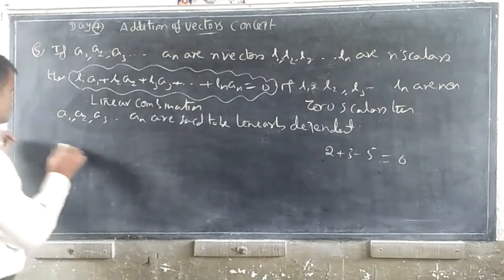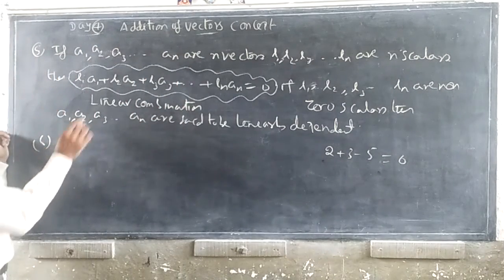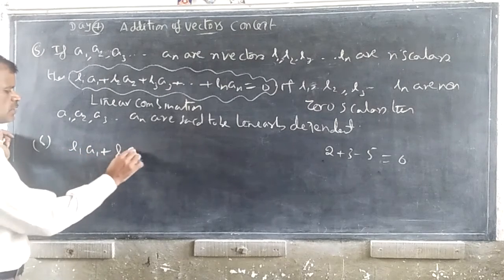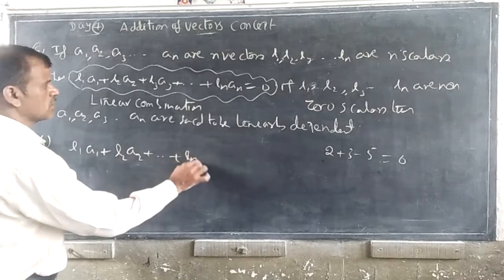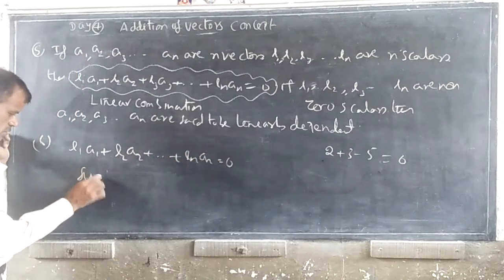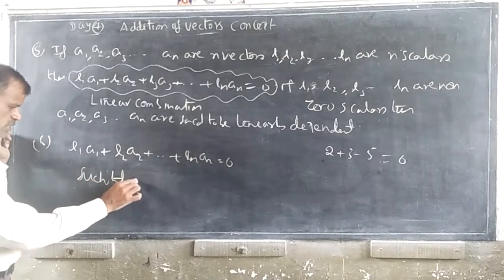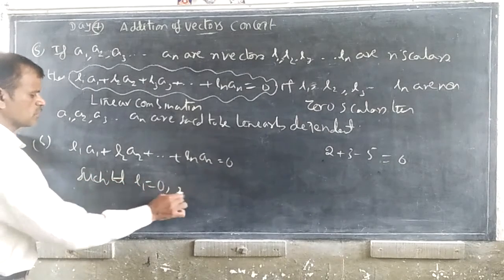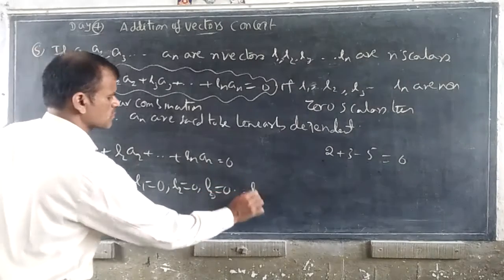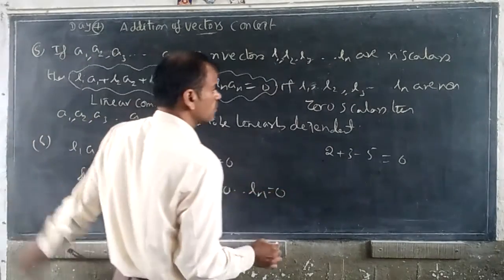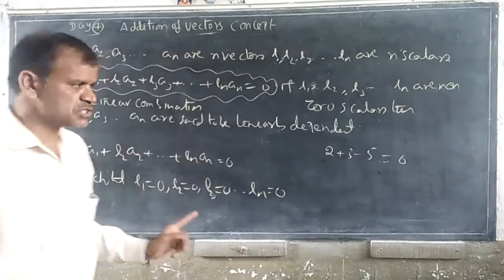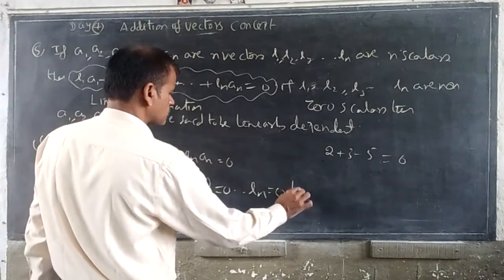In a similar way, if A1, A2, everything the same, L1 A1 plus L2 A2 plus so on Ln An equal to 0, such that L1 equal to 0, L2 equal to 0, L3 equal to 0, so on, Ln equal to 0. So here I am writing zero scalars.